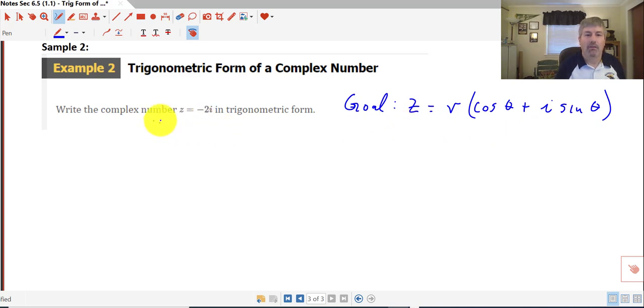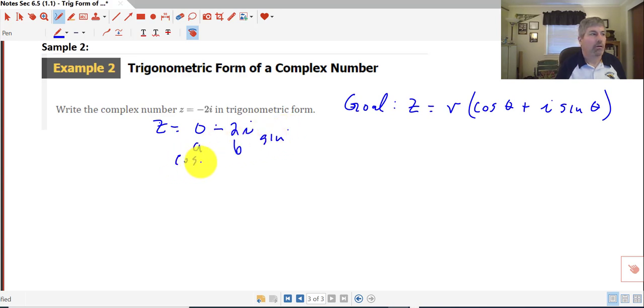Essentially, our z here is really 0, our cosine or our x portion, minus 2i, or our y, or our b. So 0 is our a, and b is our negative 2, or our sine.